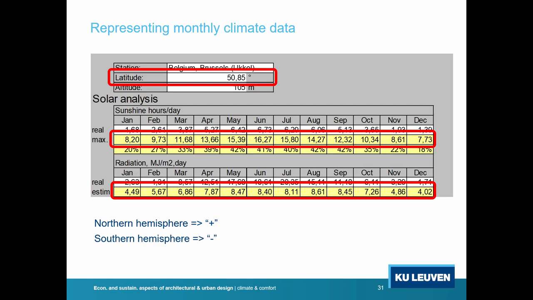I would do it for the weather station, because otherwise it will be hard to compare the real values with the estimated ones, but just discuss in your presentation or in your paper what the difference is, so that you use that location to represent your case, which is located at another latitude, for example. Just explain what you did, but here in the Excel file, input the weather station data. Otherwise, it's a bit hard to compare with the estimates made.